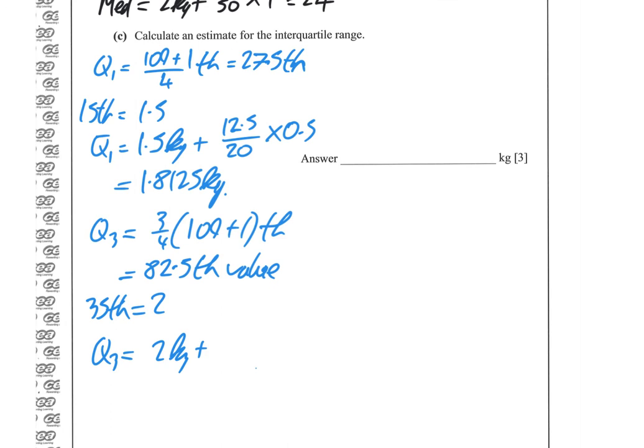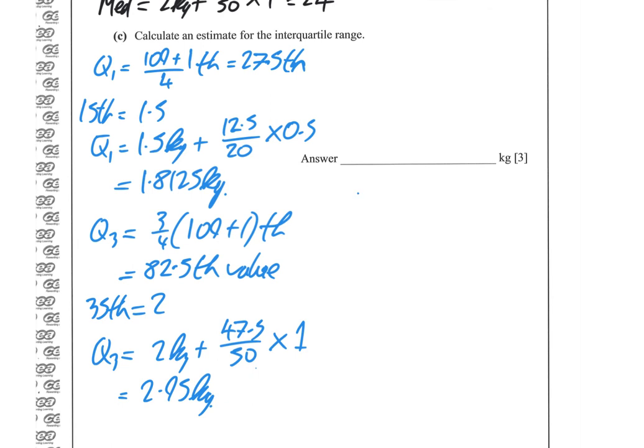So 82.5 minus 35 gives you 47.5 values out of the 50 that were in that bar, and the width of that bar was just 1. So just do that on your calculator: 2 plus 47.5 divided by 50 times 1, and that works out to be 2.95 kilograms.